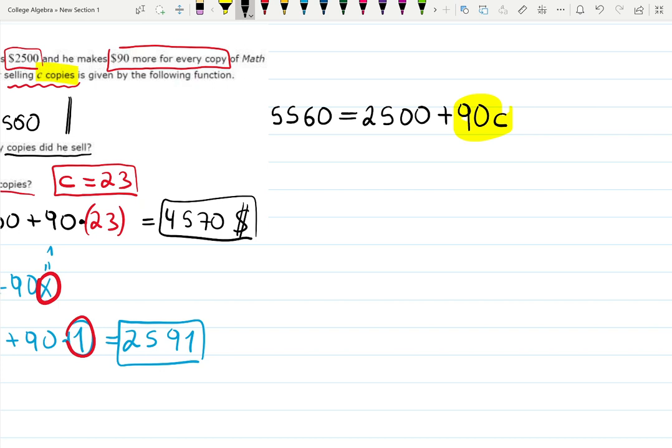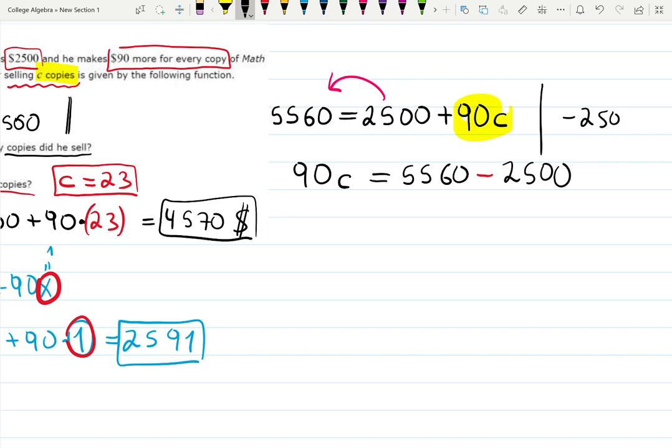To isolate, I want to collect 90C on the left-hand side. You can keep it on the right-hand side if you want, but it doesn't matter. And then everything else goes to the other side. So 2500 will go to the right-hand side. It's going to be 5560 minus 2500. Don't forget to change the sign. Basically, I did minus 2500 from the left and from the right.